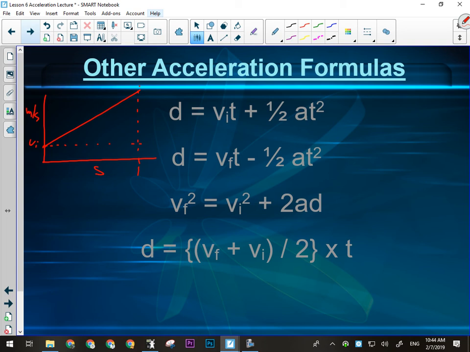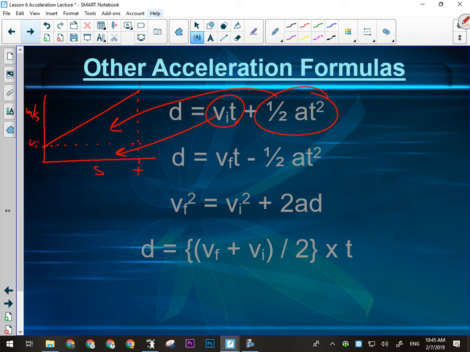This value right here would be our time. So VI times T gets me the area of this box. The 1/2 AT squared calculates average velocity multiplied by time and gives me the area of the triangle. That's where that one comes from. Everybody with me on that?